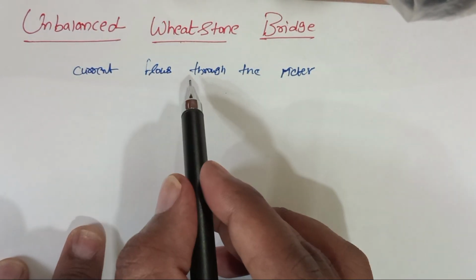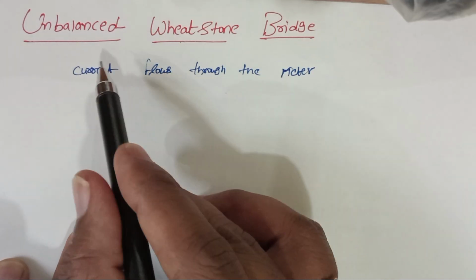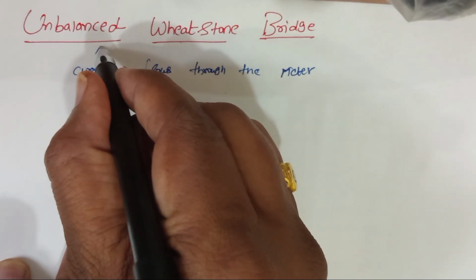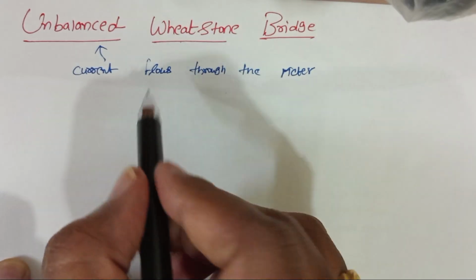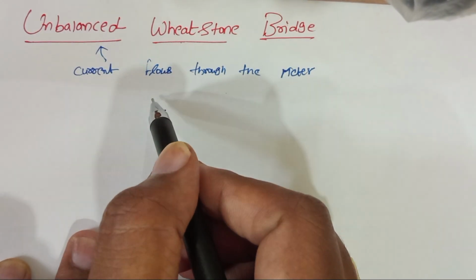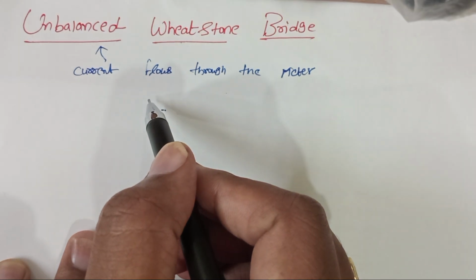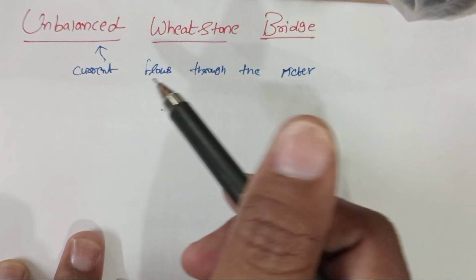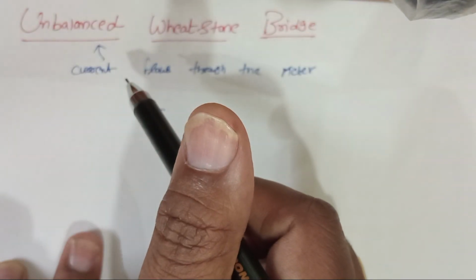If there is any current flowing through the meter, then we can say that it is unbalanced. If no current flows through the meter, then it is balanced.